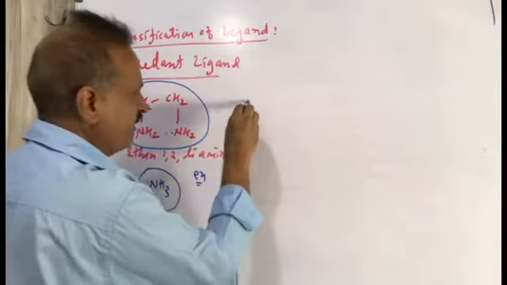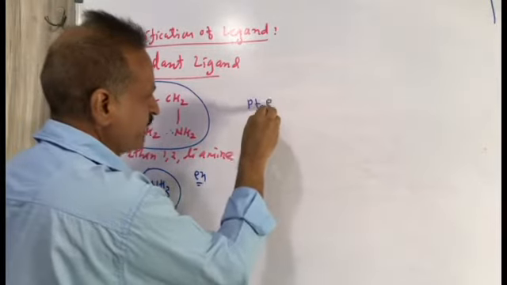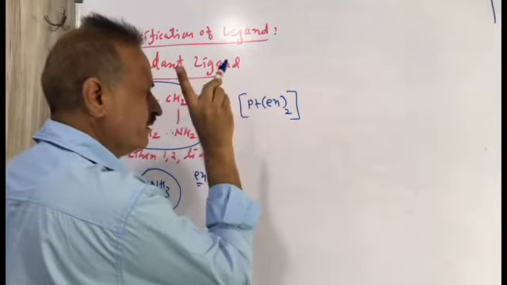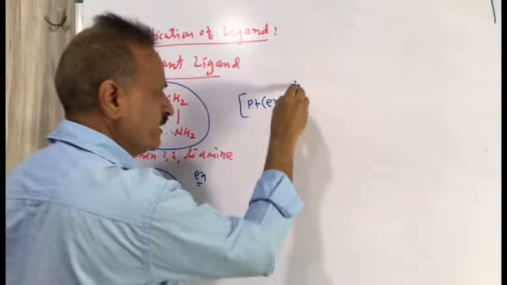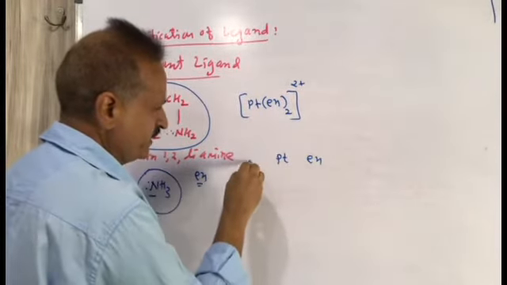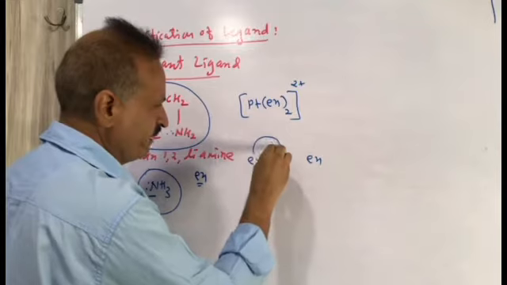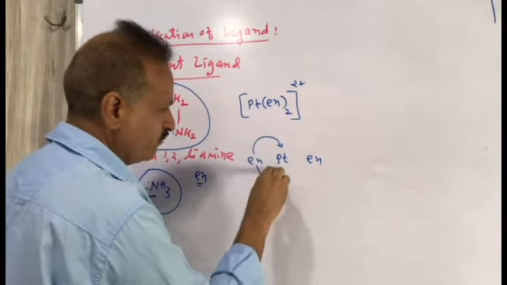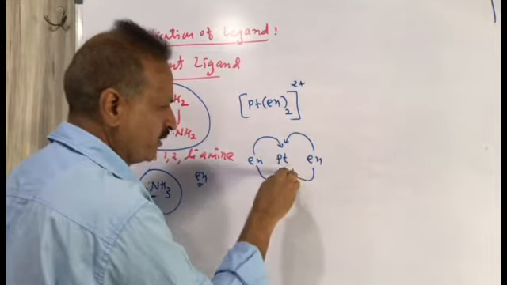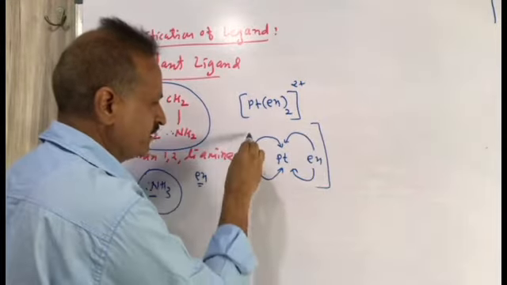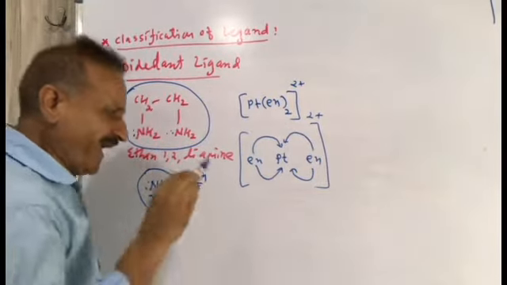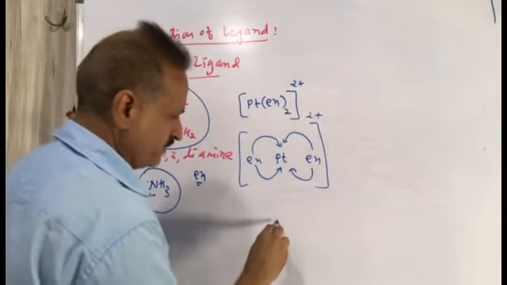So we have Pt(en) twice. Suppose it is an example. And Pt having oxidation number 2, so here will be 2 plus. So Pt, en here, en here, 1 en will form 2 coordinate bonds, 1 en will form 2 coordinate bonds, and here is its oxidation charge. It can be drawn like this.